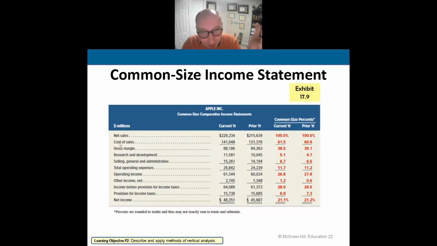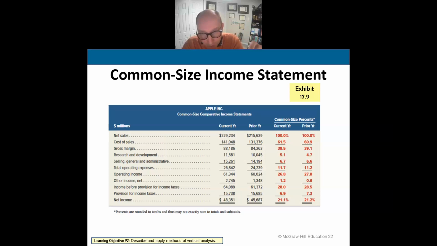And I do the same thing on the income statement. On the income statement, we express everything as a percentage of total revenue. Total revenue, as you know, is sales. That's why we see net sales, 100%. That is our total revenue.